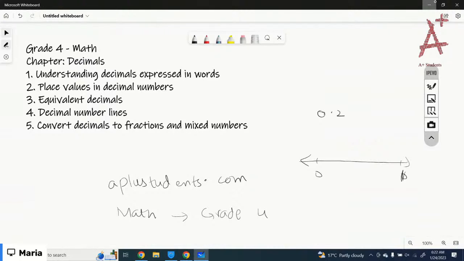You have 10 lines between 0 and 1, 9 actually. 1, 2, 3, 4, 5, 6, 7, 8, 9. The 10th one is the 1. So 0.2 means you have to move 2 lines from the 0. So this is 0.2. Basically, decimal values are the values between two whole numbers. Got it?